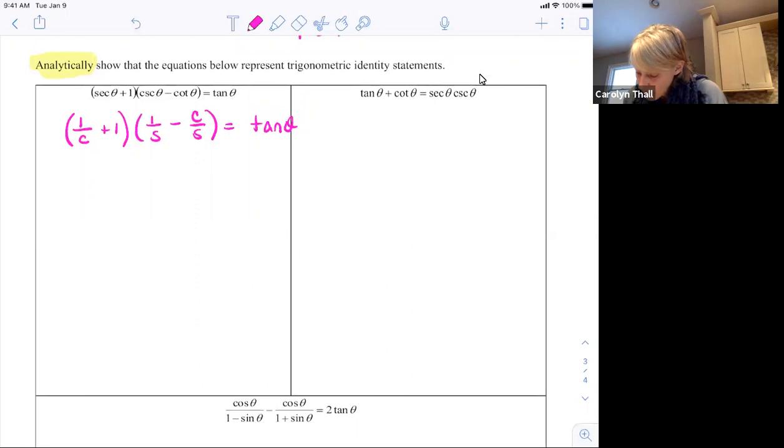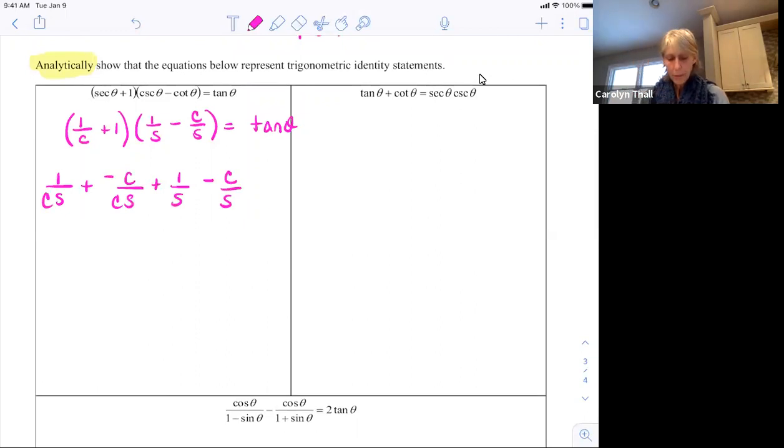First times first, 1 over cosine sine. Outside, negative cosine over cosine sine. Inside, 1 over sine. Last times last, again, we're going to have a minus, and that's going to be cosine over sine. And remember, we're trying to get this to equal tan theta.